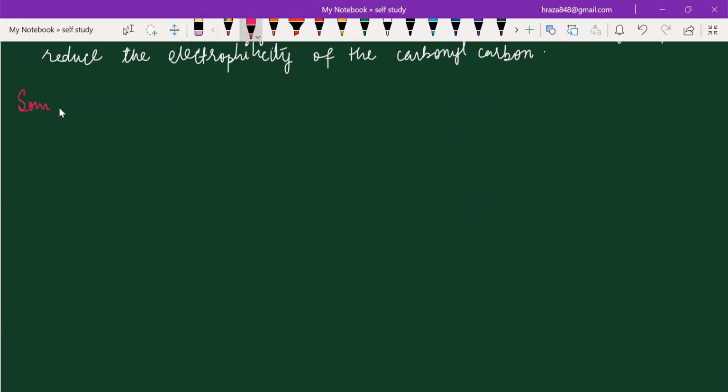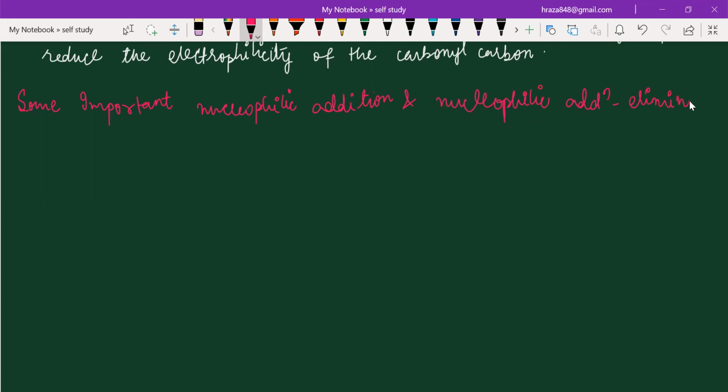So, I'm going to take a topic: some important nucleophilic addition and also nucleophilic addition elimination reactions. Add stands for addition, and this is your elimination, and this is your addition elimination reaction.